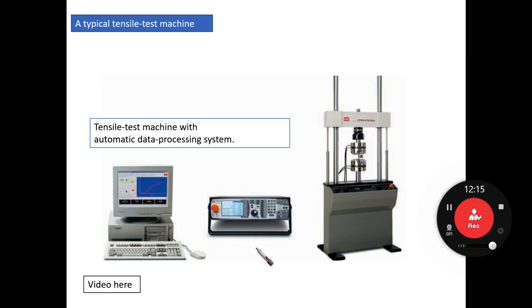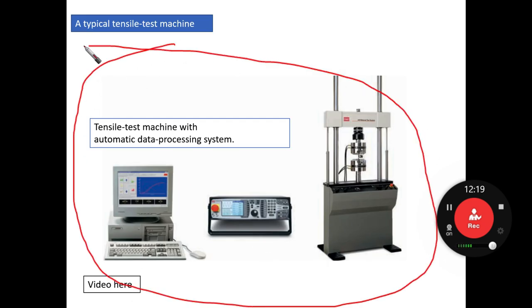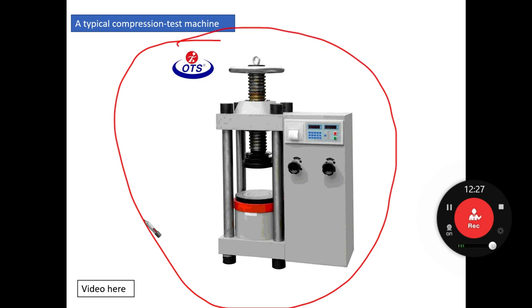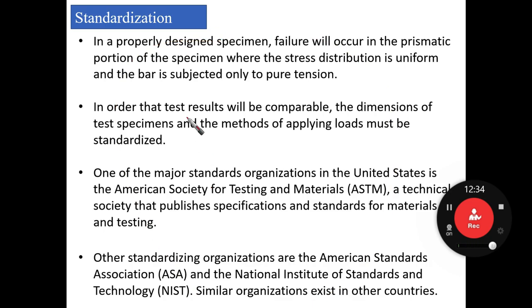After that we mentioned the types of testing machines, a typical tensile test machine, as you can see here, and a typical compression test, which we have shown here. You can find a lot of videos on YouTube for this, and you can also find a standardization for whatever type of testing you are doing.